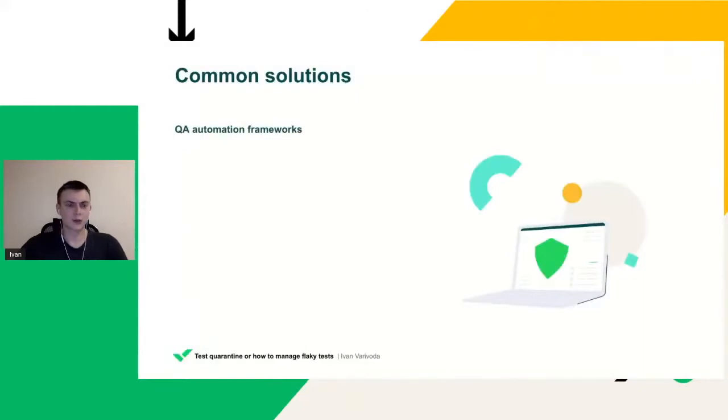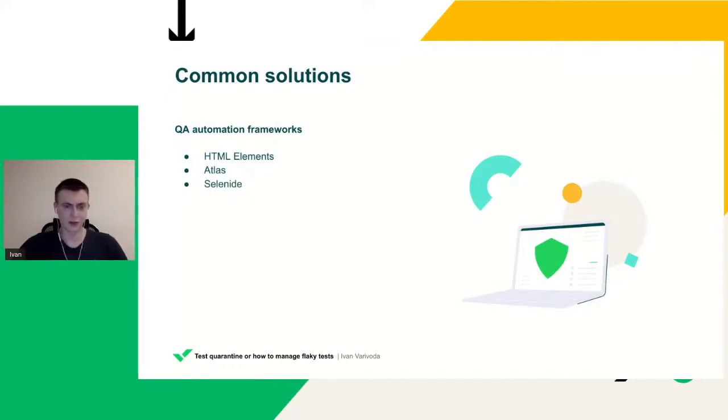The first solution is using automation frameworks like HTML Elements or Atlas or Selenium. Maybe you are familiar with these frameworks, maybe you are not, maybe you have your own solution, but the main idea here is the following.